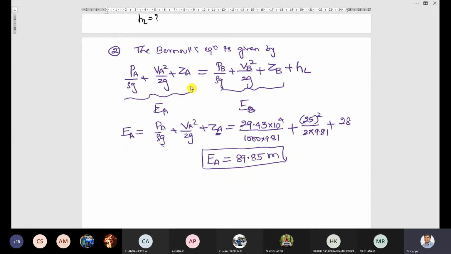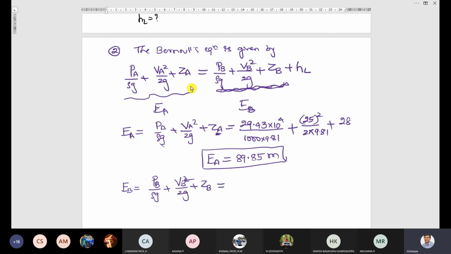Similarly, I will calculate the energy at point B. I will take this equation from here. The total energy at point B is PB by rho g plus VB square by 2g plus ZB, the potential energy on the datum line.